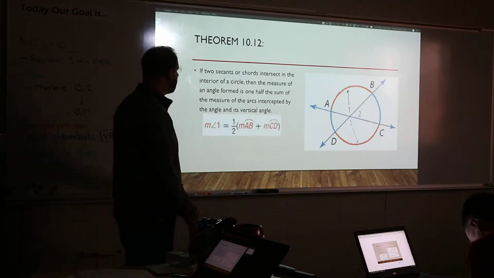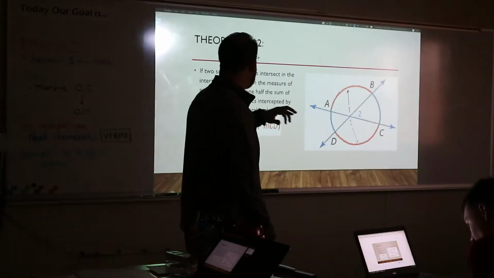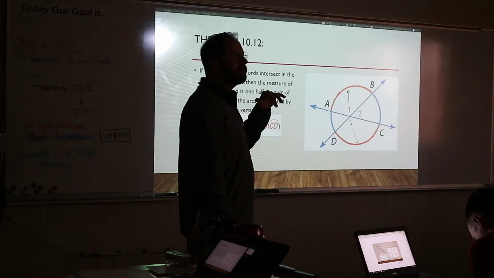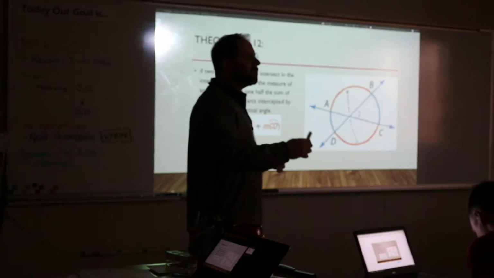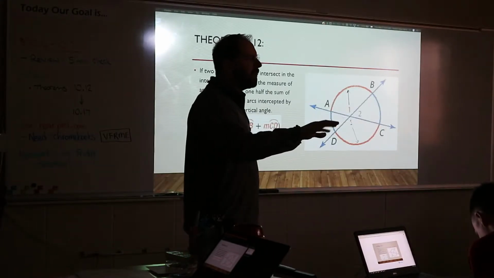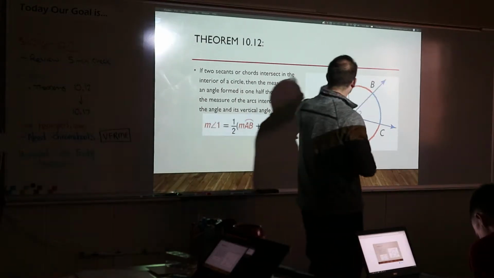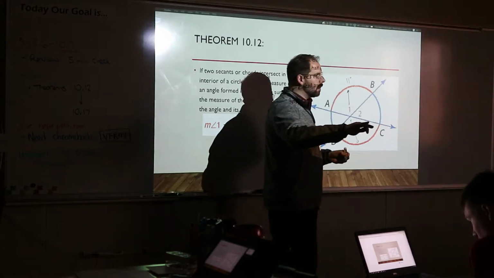To find angle number 1, if you had the two arcs that angle 1 is looking at, you can find the measure of angle 1. Somebody make up an arc for AB. Make up any number you like. 11. Okay, this is 11 degrees. Somebody make up a different number. 24.